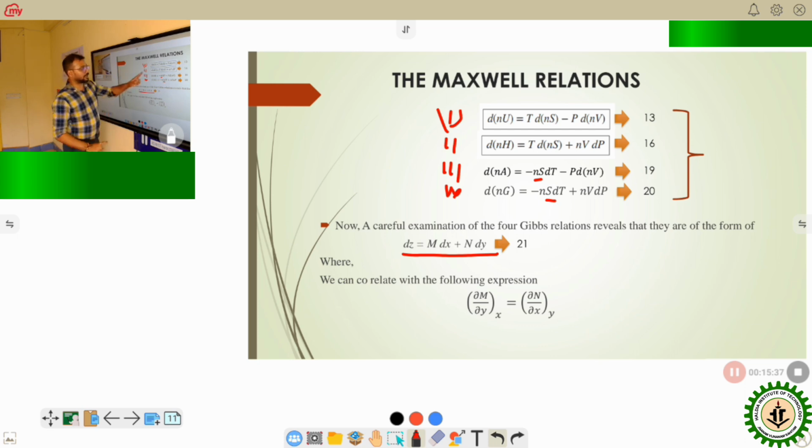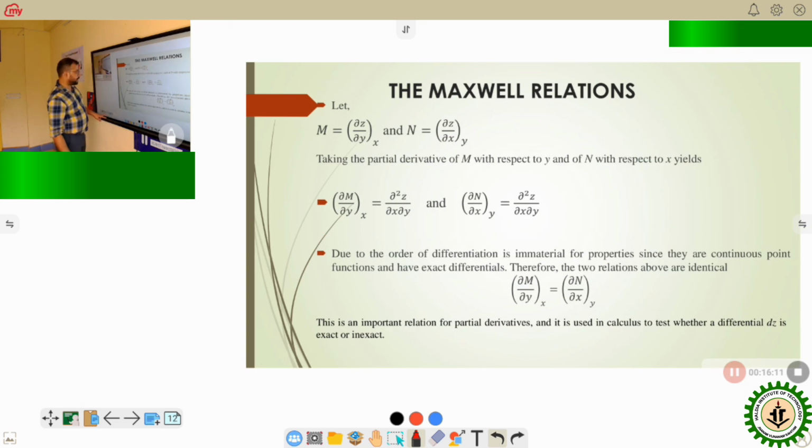If we do the partial derivations of these four fundamental relations, then we can get the Maxwell relations, which give the calculation of unmeasurable variables with the help of measurable ones.